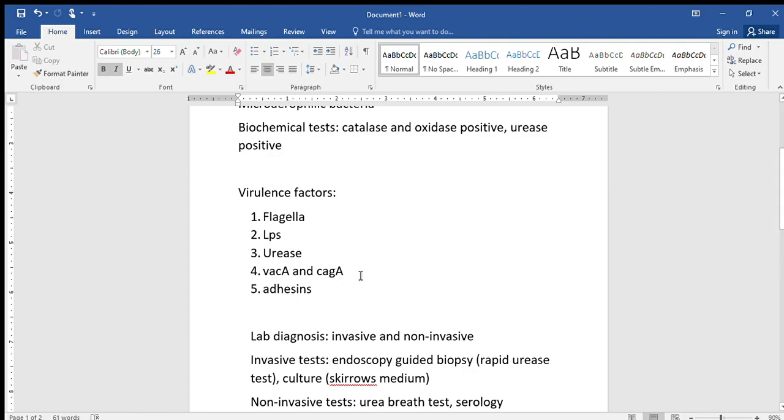Likewise, CagA is cytotoxin associated gene A, also called the pathogenicity island. What does it directly do? It helps in one system, the type 4 secretion system. And what is the type 4 secretion system?